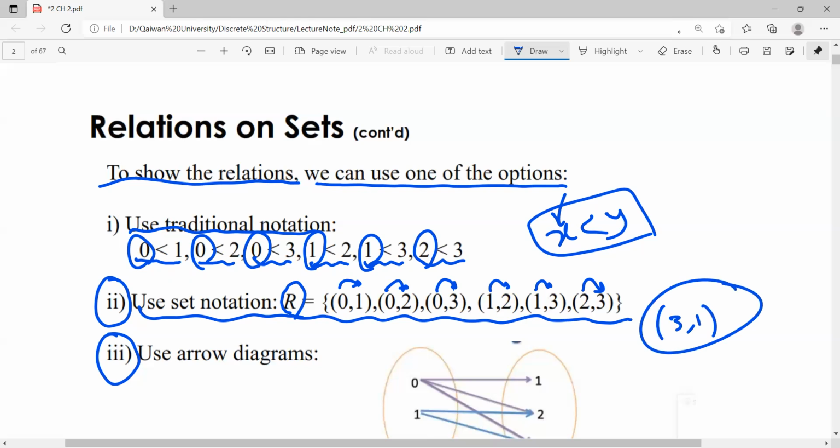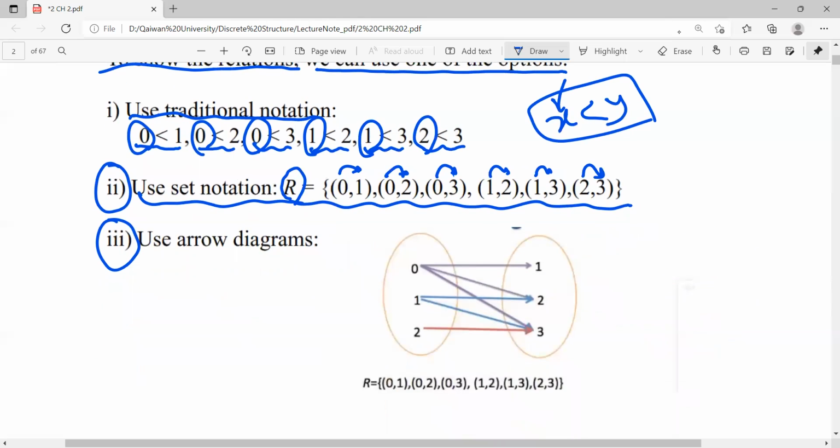As you see, in R the first member is always less than the second one. 0 and 1, the first is less than the second one. 0 and 2, and so on for others. But here 3 and 1, 3 is bigger than 1. So the first one is not less than the second one. That's why this member doesn't belong to the relation.